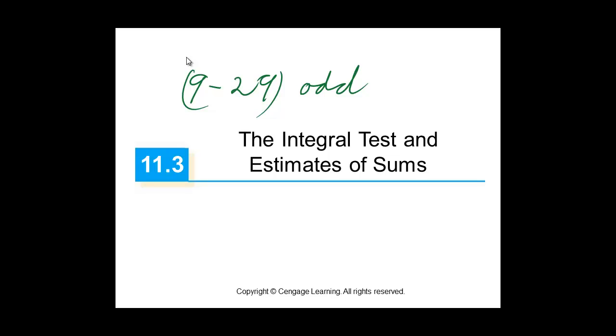So the geometric series converges if the common ratio is between -1 and 1. Otherwise, it doesn't converge. It is divergent. And we also know when it converges, it has a sum, and we have a formula for the sum, right? The exact sum of the series.